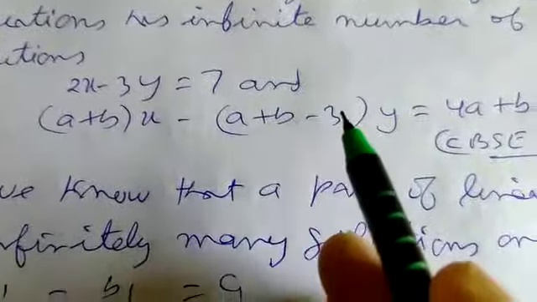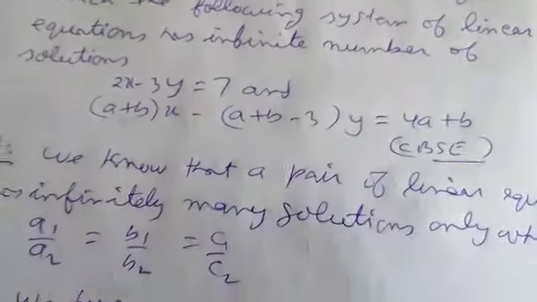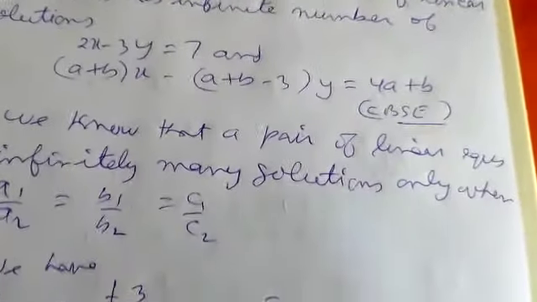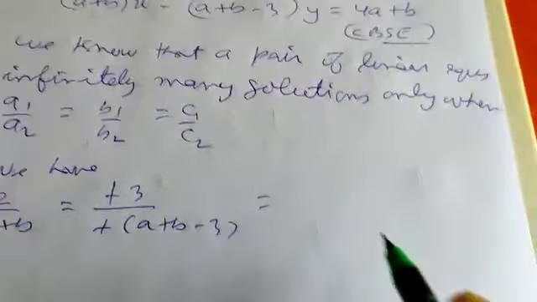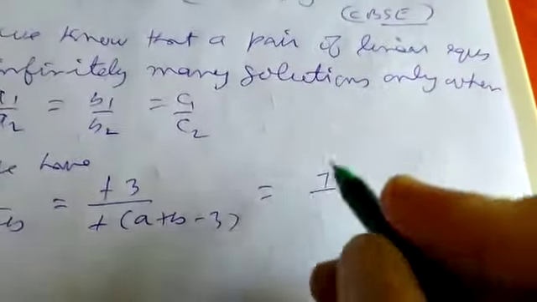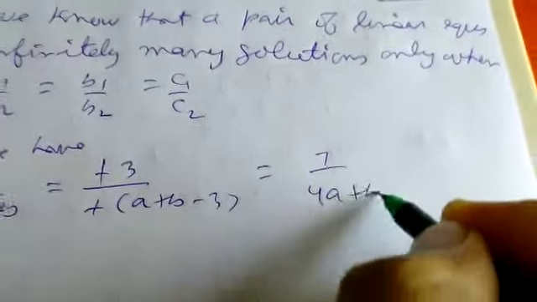So minus 3 over minus (a plus b minus 3). So minus minus cancel out, equal to c1 by c2. So c1 is 7 and c2 is 4a plus b. So equal to 7 over 4a plus b.